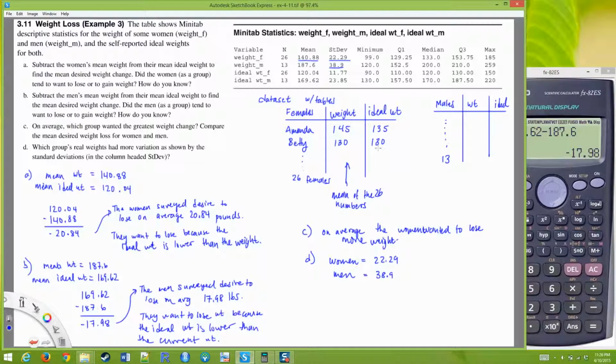Because 38.9 for the men is larger than 22.29, this means the men had more spread or more variation in their weights.